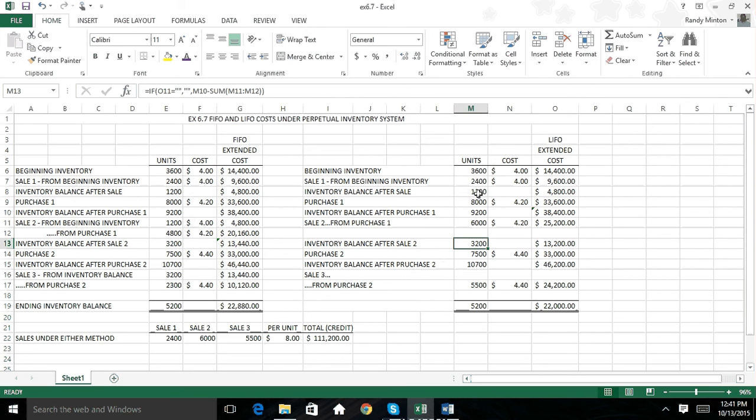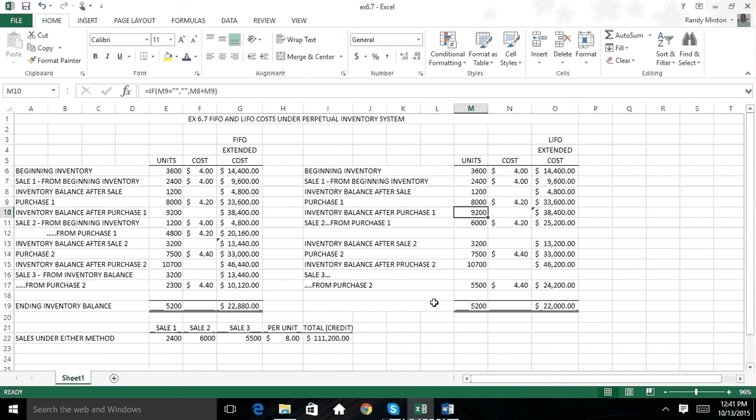So anytime I have an inventory balance, I'm going to have a calculation that may involve a little bit more complexity. And again, it's not my purpose to show you necessarily the complexity of this, but I think it's instructional to note that when you use perpetual inventory, the computer coding behind the actual calculations can get rather arduous rather quickly. And this is a very simplistic example.